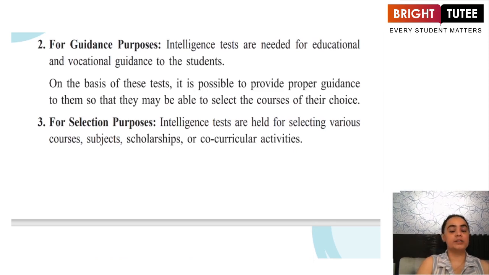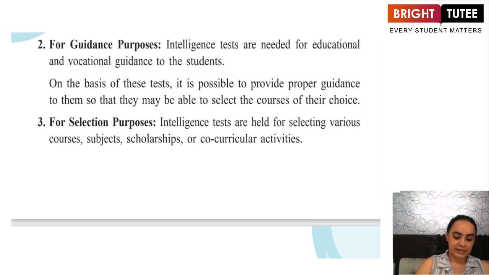A child who has higher intelligence would always be suggested and guided to do something which involves them using their intelligence appropriately. And those who have lower intelligence may be very creative, may have wonderful artistic qualities, so they would be guided in a similar way.